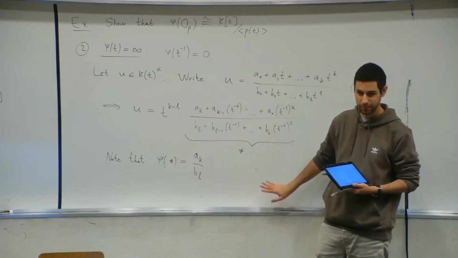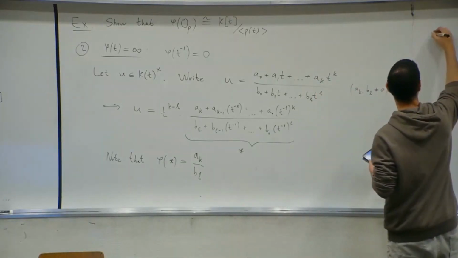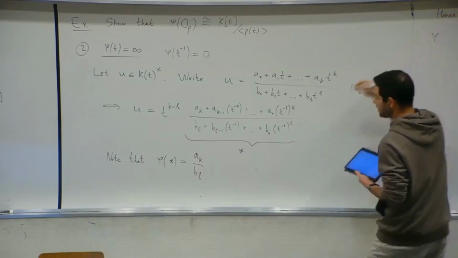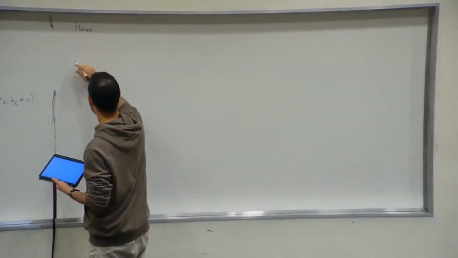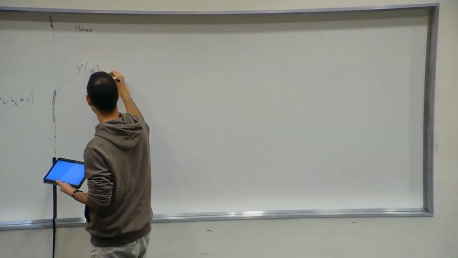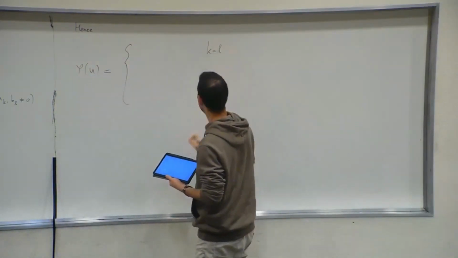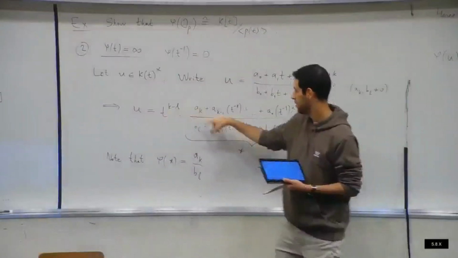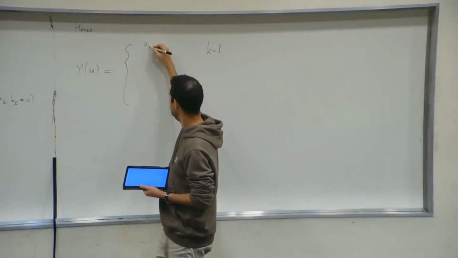Okay. So in general, what is phi of U? So remains only to consider this thing. So we again split two cases. If K and L are equal, then this is 1. So what is the value of phi of U?